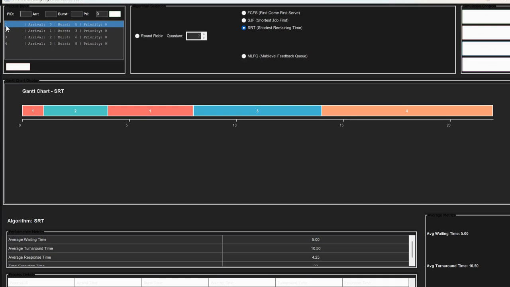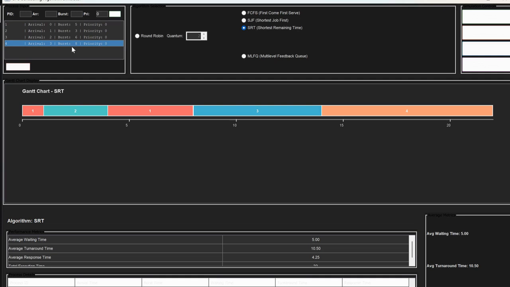I put process 1, arrival 0, burst 5, priority 0, and then process ID 2, arrival 1, burst 3, process ID 3, arrival 2, burst 6, and process ID 4, arrival time 3, and burst time is 8.